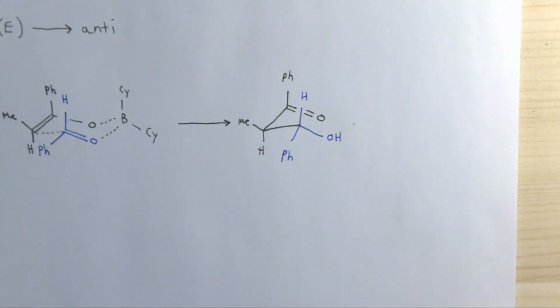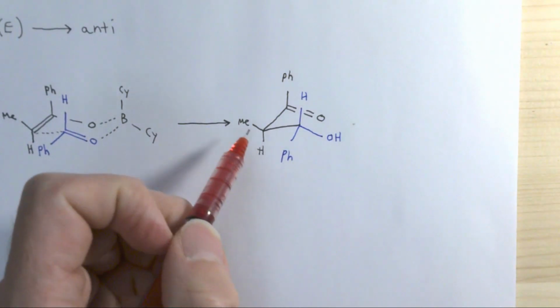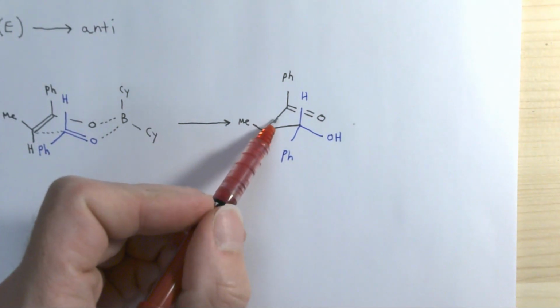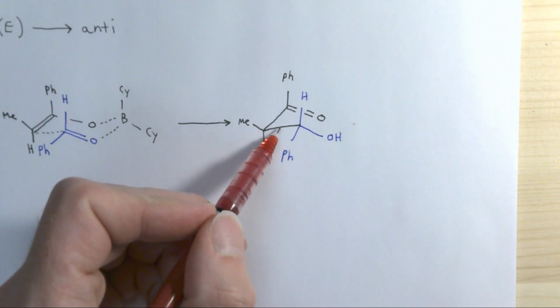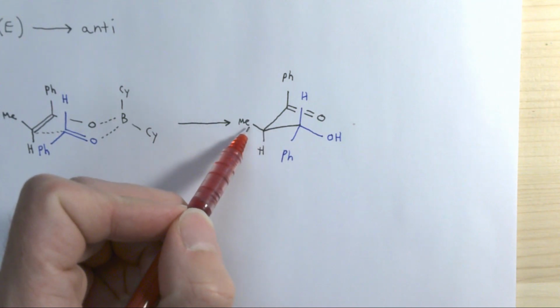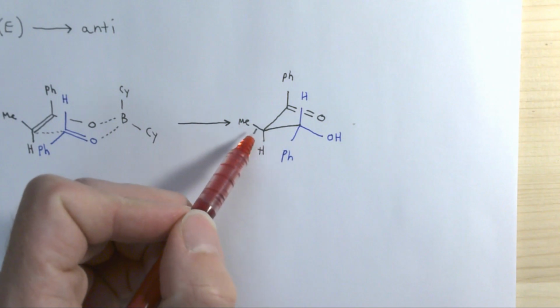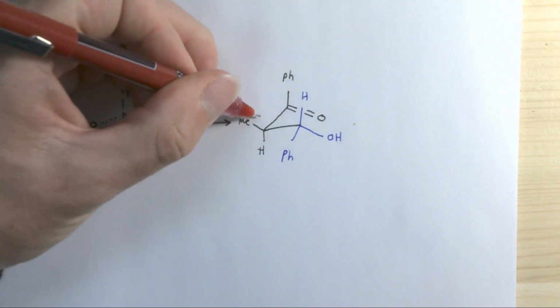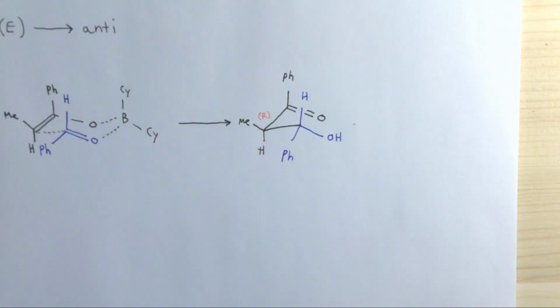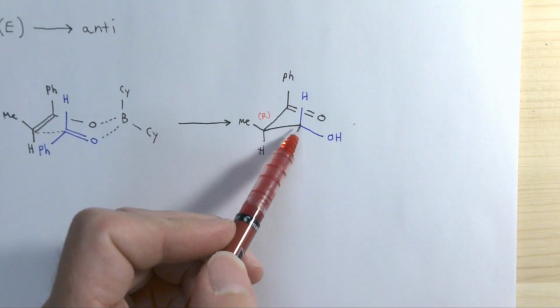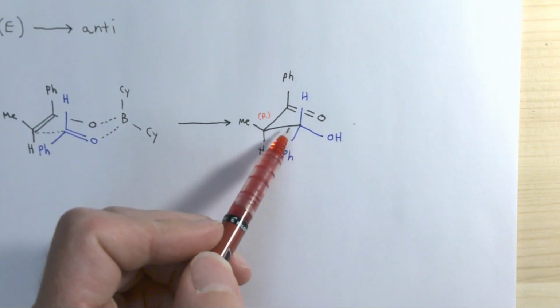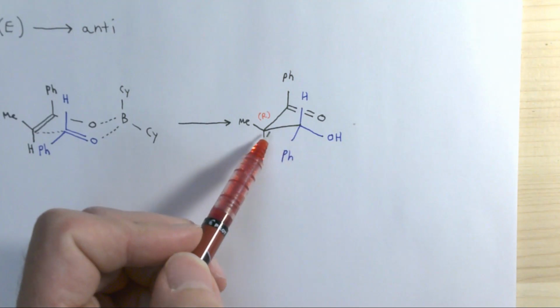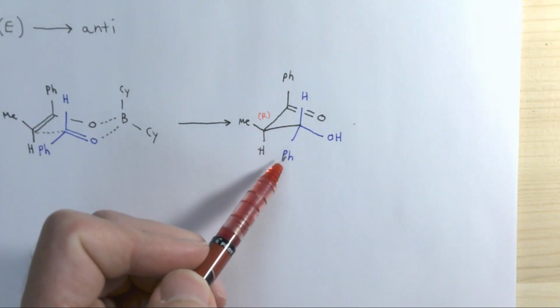Now let's go ahead and assign R and S configurations. So for this carbon right here, this will be group 1, this will be group 2, this will be group 3. It looks like R, and if I'm looking down from above and the H is going away from me, it'll stay as R. If I look at this stereocenter here, OH is going to be 1. This chain here going towards the carbonyl will be 2. Phenyl will be 3.